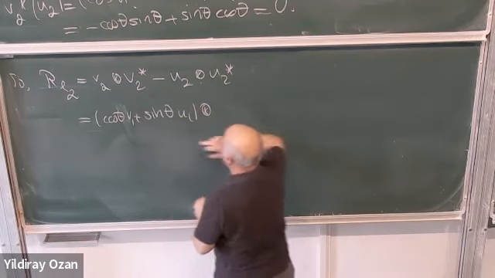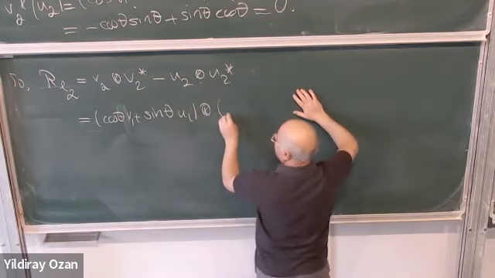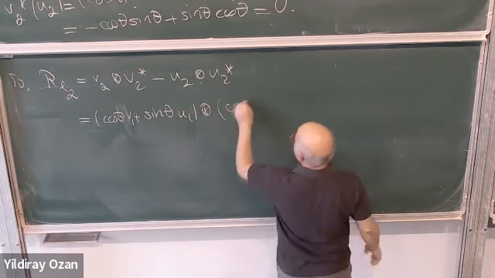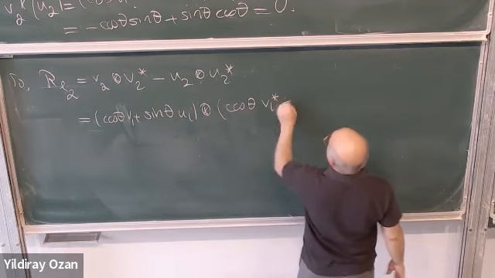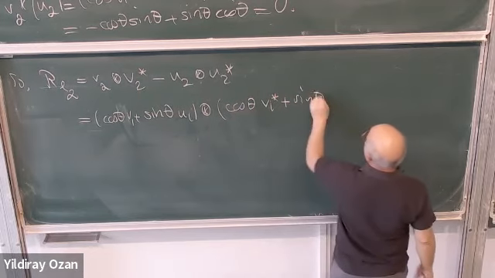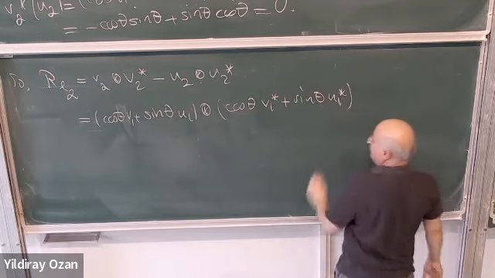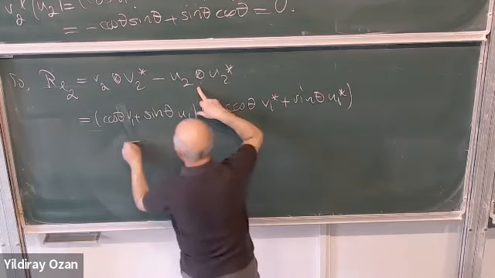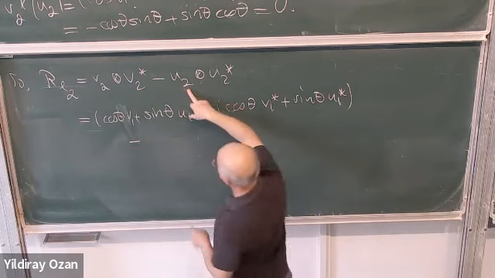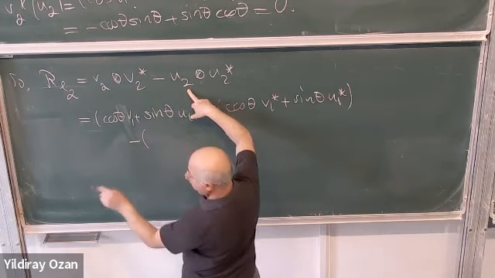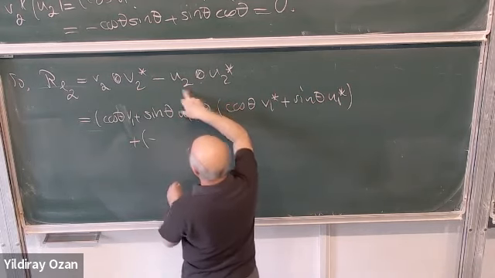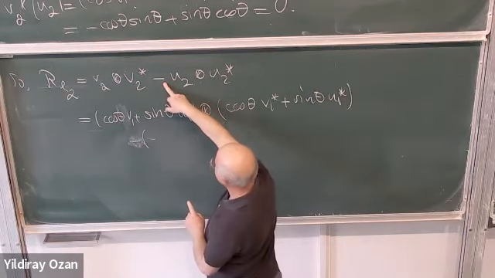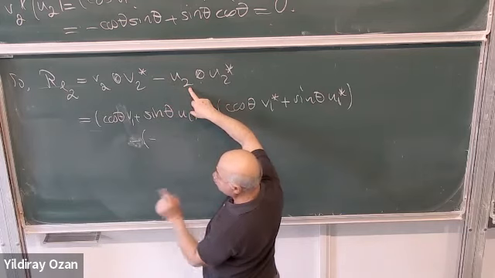Tensor V2 star. V2 star is cosine theta V1 star plus sine theta U1 star. So what is this then? Oh, this is one term, of course. I have two terms, U2. What is U2? U2 is plus, no, this is minus. I'm sorry, there's a minus sign here. And then I have U2.